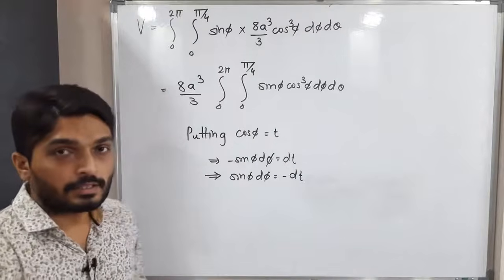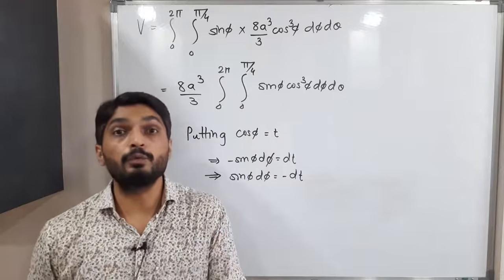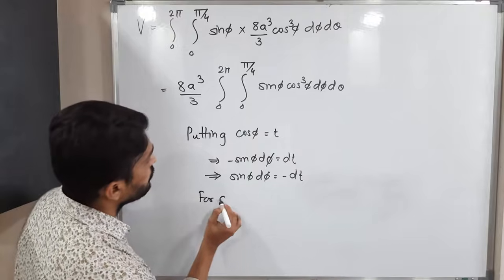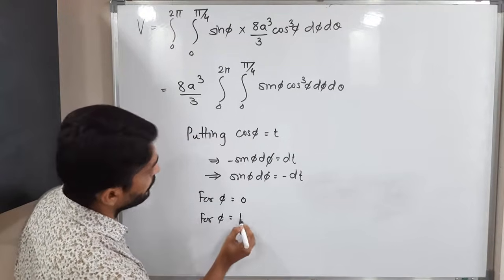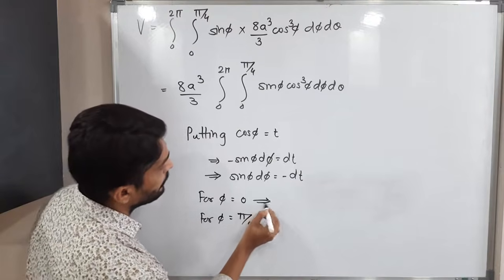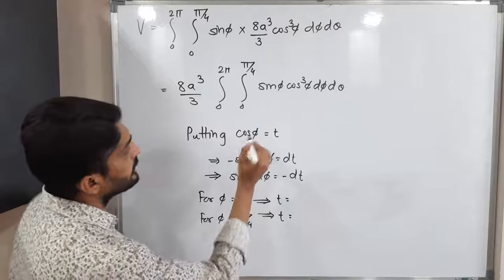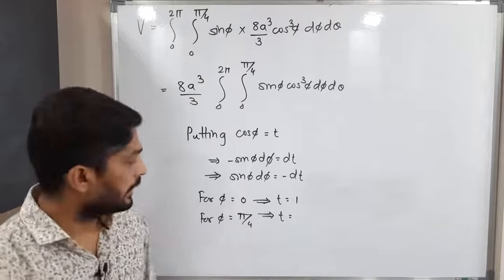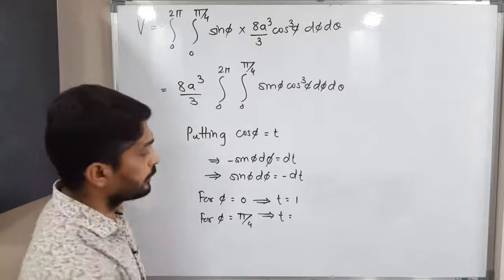After substitution we find derivatives, and after that we find new limits. So for phi equal to lower limit 0 and for phi equal to upper limit pi by 4, let us find the new limits of t. If I put 0, you know that cos 0 is 1, so the lower limit is 1. And if I put pi by 4 here, cos pi by 4 is 1 by root 2.